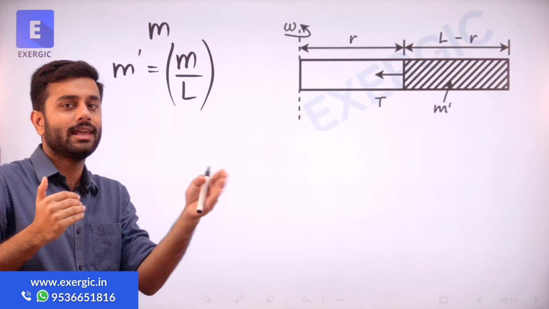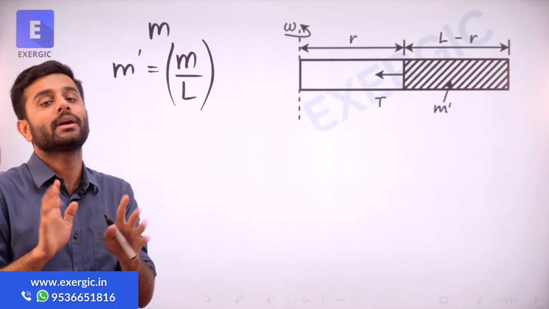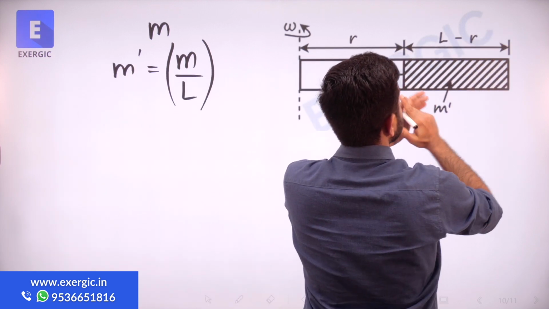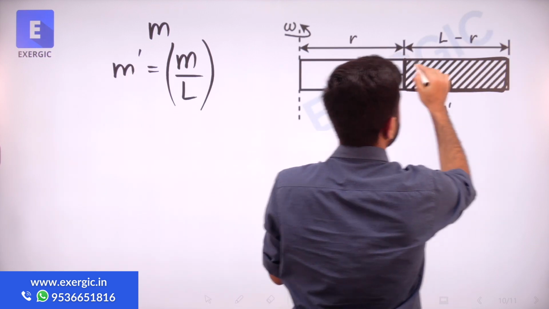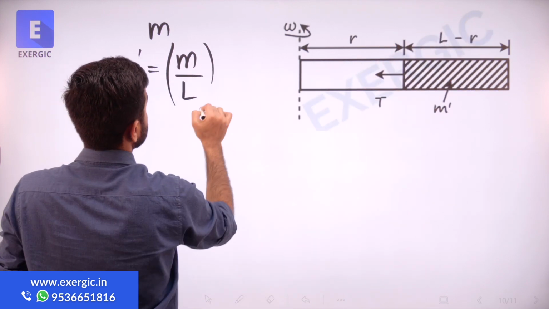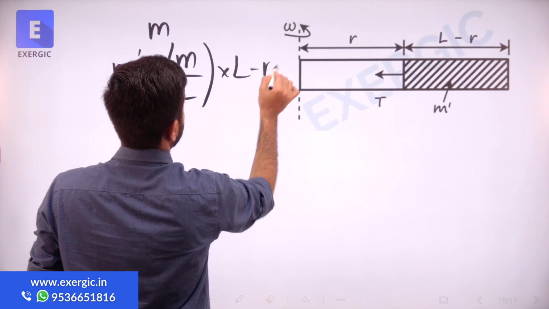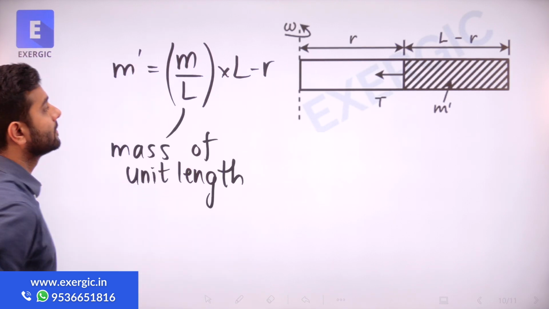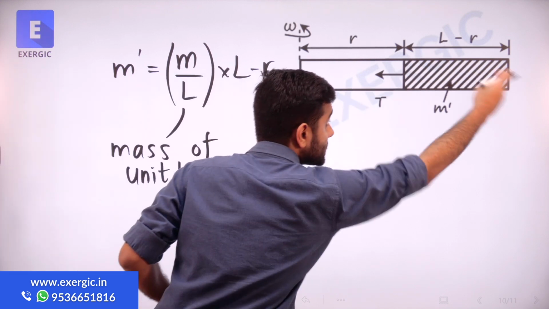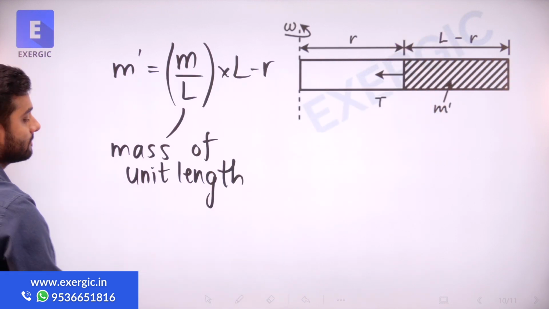L length has M mass, unit length has M by L mass. This much has a length of L minus r. This mass has a linear dimension L minus r. So if you multiply this with L minus r, you will get M dash. This is the mass of unit length. Multiply that with the length of this section, you will get M dash.